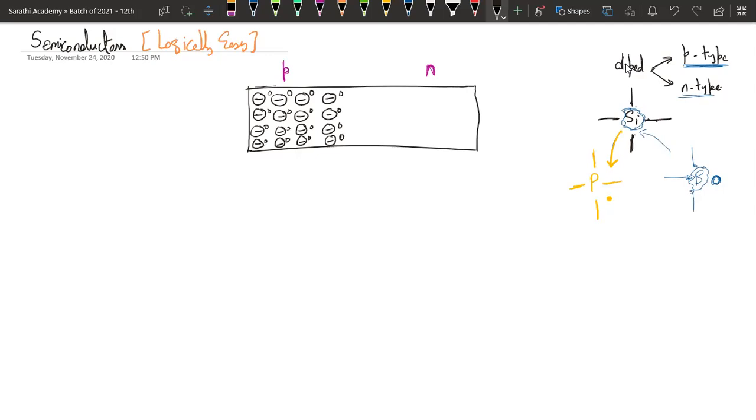And on the right side we have n type. So n type means that it will have lots of electrons. Also means majority charge carriers will be electrons.